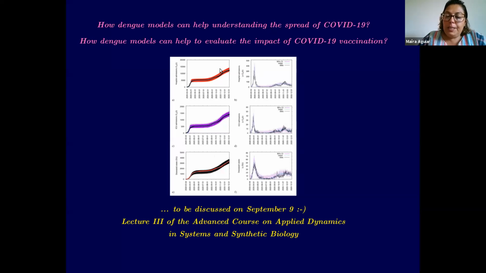This is the COVID-19 dynamics model that I discussed with you yesterday. This is the cumulative number of hospitalizations, ICU admissions, and deaths, and this is the number of incidences. Our models are really well describing the data, and we are going to discuss that on Thursday during the last lecture of my mini course.